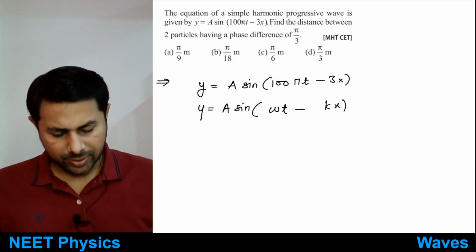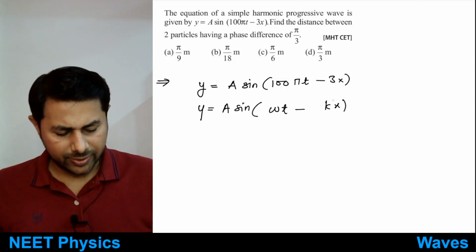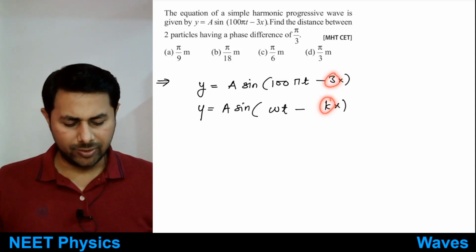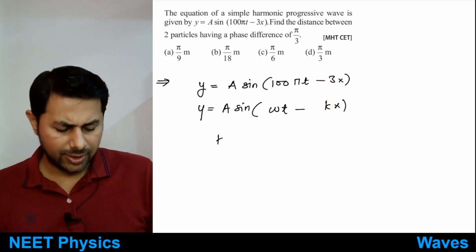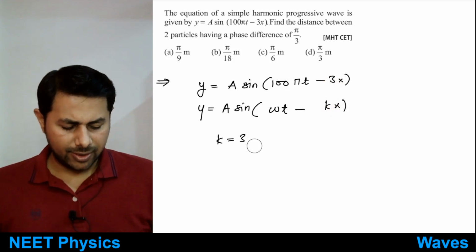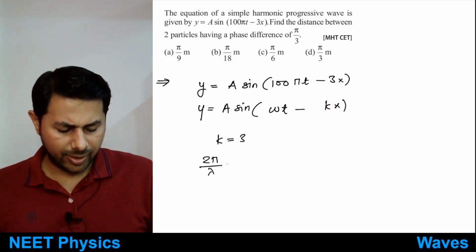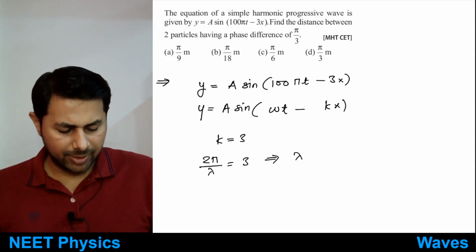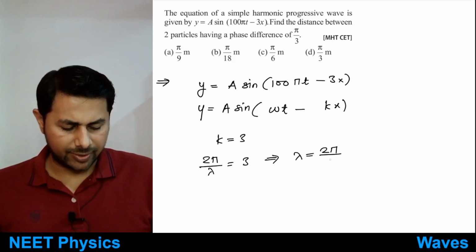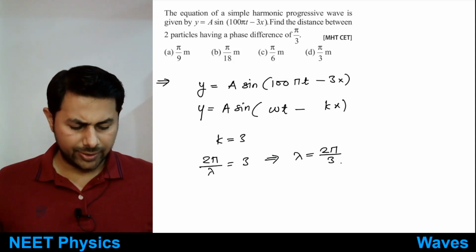And we want wavelength only, so k is equal to 3. Let's use that only. K is equal to 3, that is 2 pi by lambda equals 3. So this implies that lambda is equal to 2 pi by 3. Okay, so this is very simple.